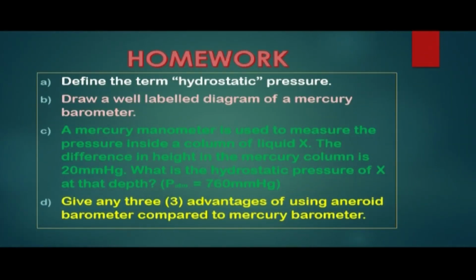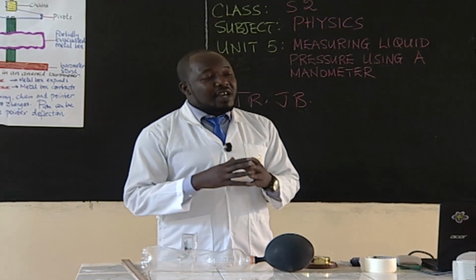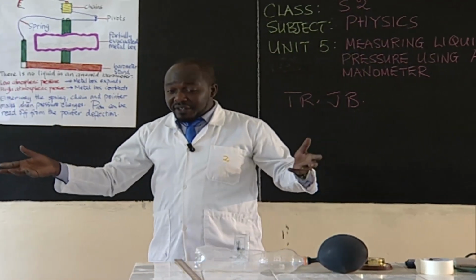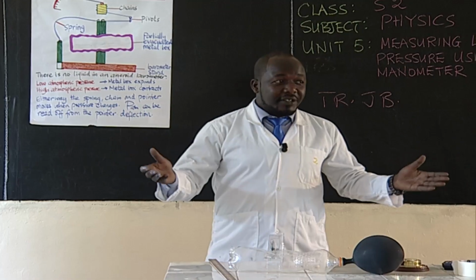But before we go to the assignment, I want us to look at the main concepts we have learned in this lesson. What are the main concepts we have learned in this lesson?